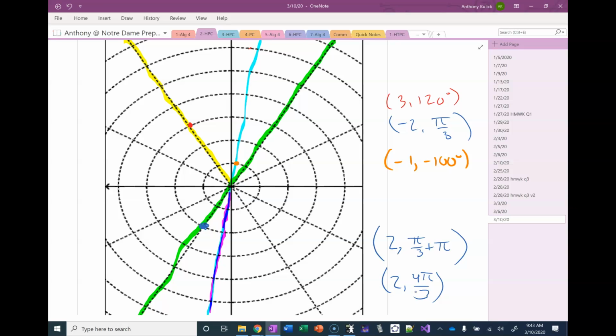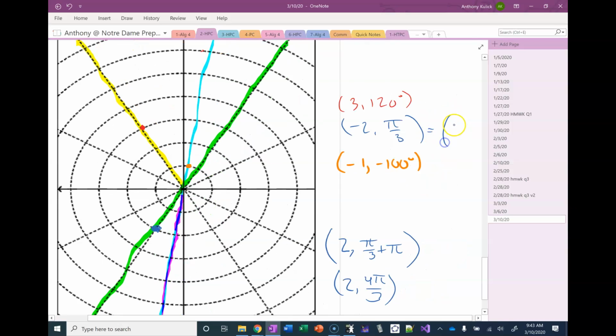Everybody's okay there? So this point and this point are representing the same thing, right? So if I change the sign on the magnitude and I add 180 degrees to the angle, I'm going to get another point that's in the same location.